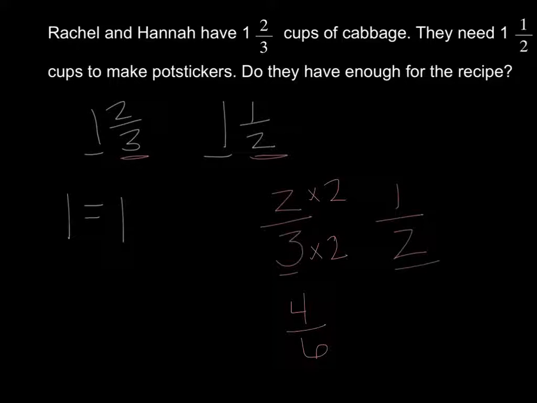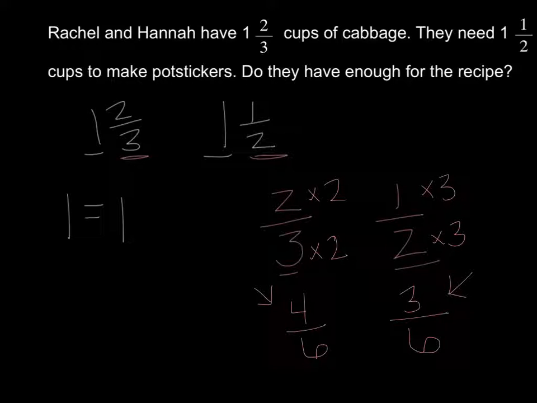Again, I'm finding an equivalent fraction with the common denominator. To get 2 to equal 6, I would multiply by 3 and multiply by 3, and I would get 3/6. Okay, so this is what I have, 4/6. This is what I need, 3/6.